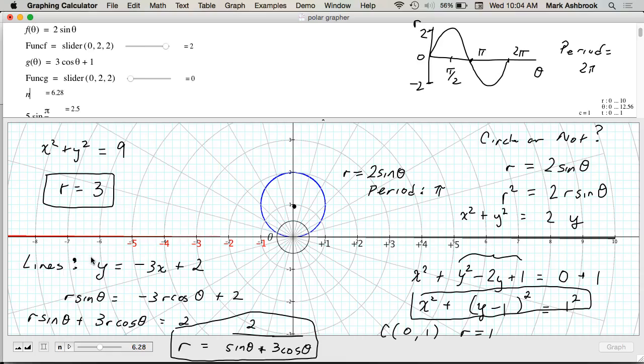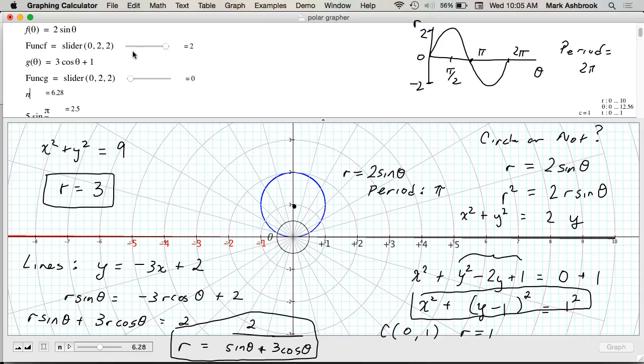It's nothing like y equals negative 3x plus 2, right? So r equals 2 over sine theta plus 3 cosine theta is kind of a complicated, non-conventional equation. That underscores the point that polar coordinates isn't made for lines.